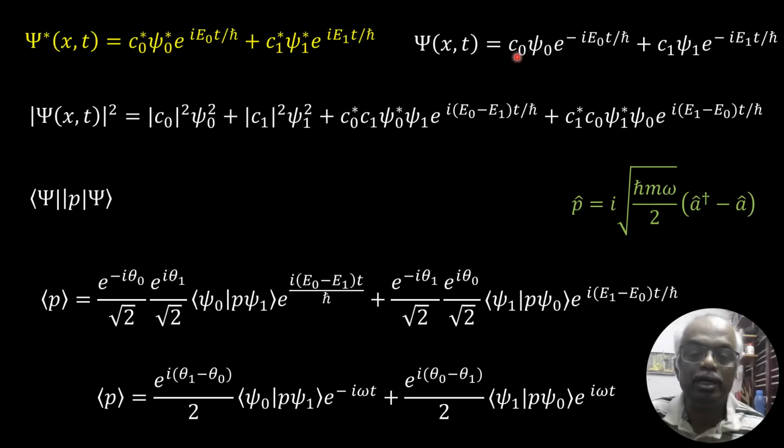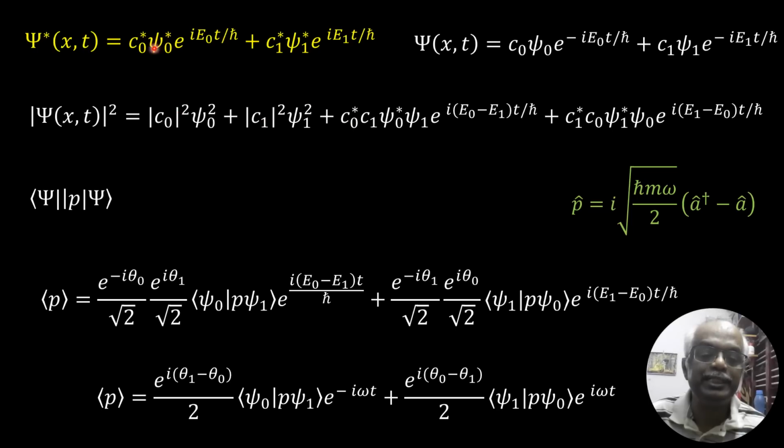So the expansion coefficients become complex conjugates, and the wave functions also. In the exponential terms, where you have a negative sign, you get a positive sign if you take the complex conjugate. If you take the product, you get |c0|²|ψ0|² plus |c1|²|ψ1|², the product of self terms.